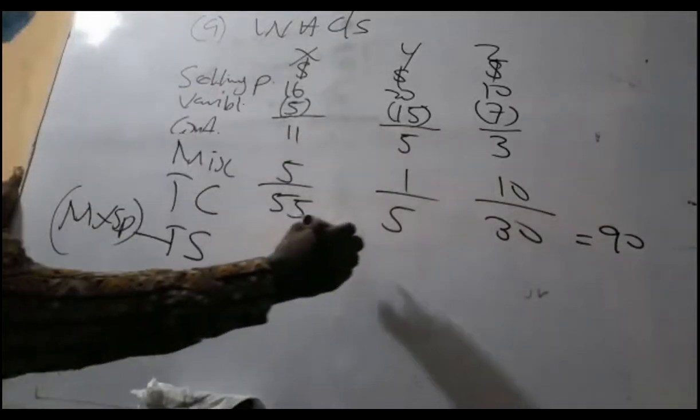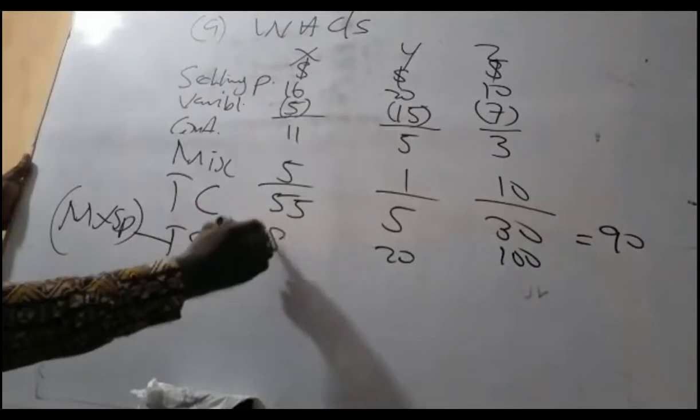Now let's go to total sales, which is equal to the mix times the selling price. The mix is 5, selling price is 16, so 16 times 5 is 80. Then 1 times 20, that is 20.